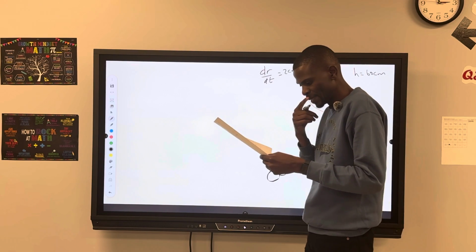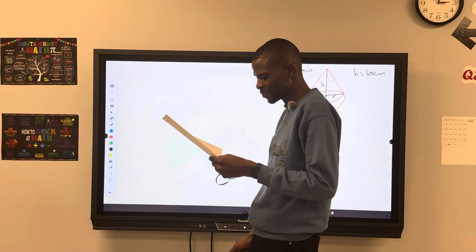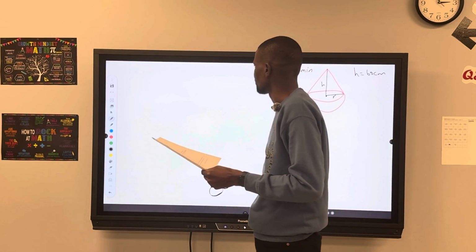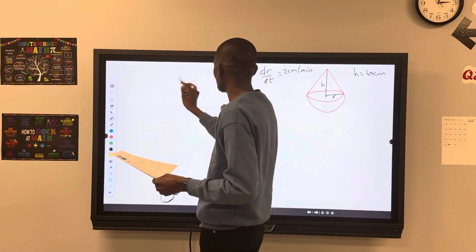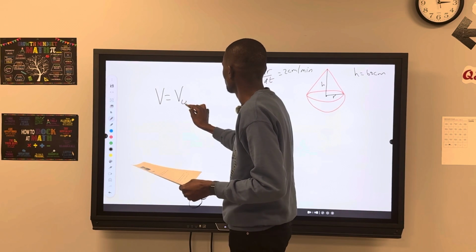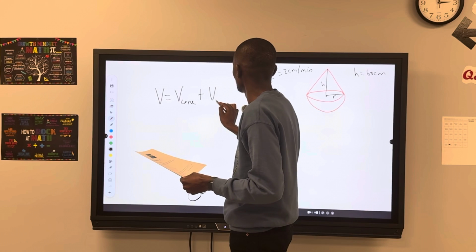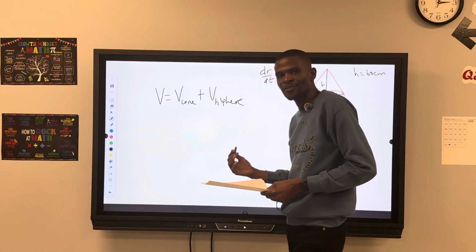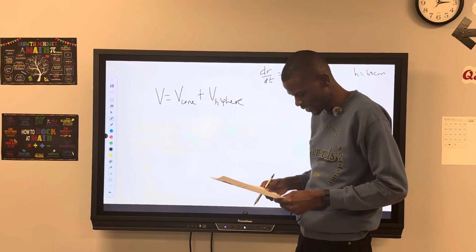Now we want to calculate the rate of increase of the volume of the solid when r is 60. The total volume of the solid is the volume of the cone plus the volume of the hemisphere.